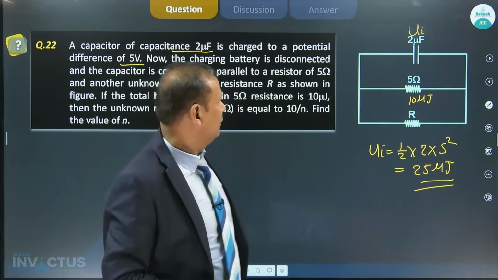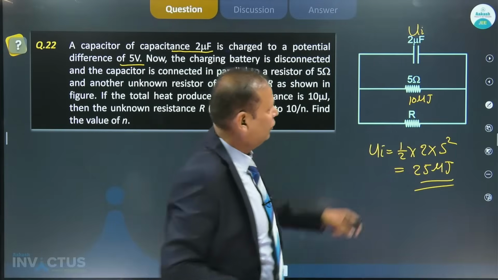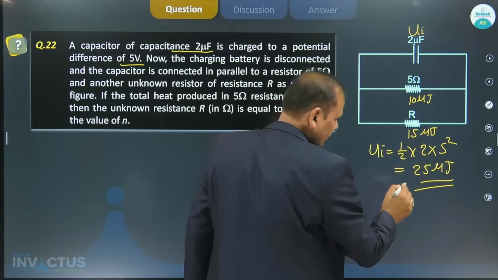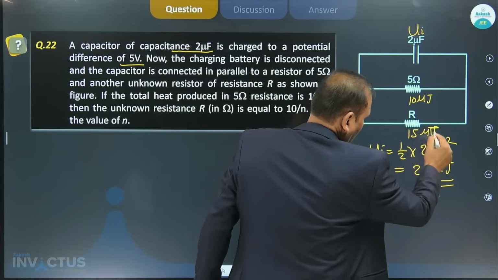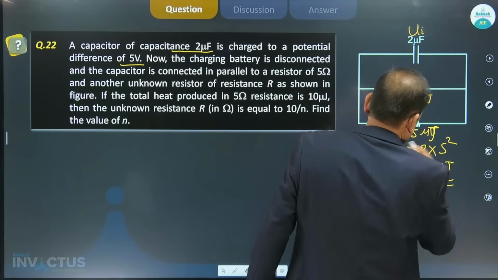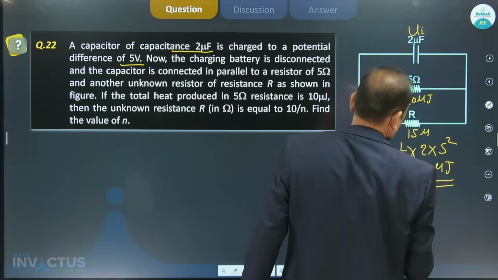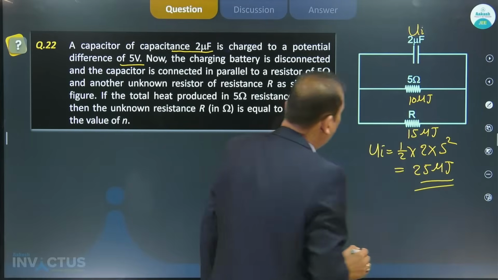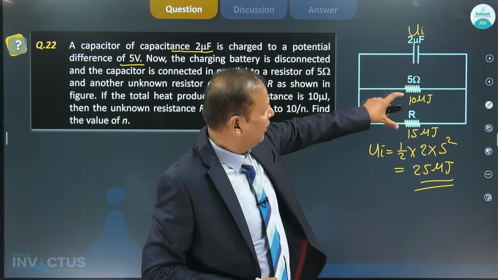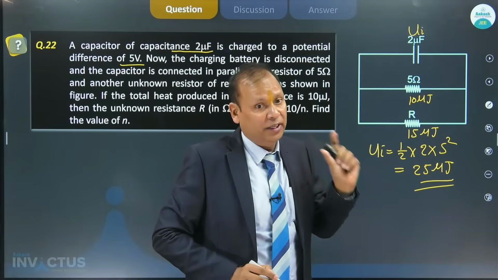Total energy to be lost is 25 microjoule. Here 10 microjoule is in the 5 ohm, so certainly here it is 15 microjoule. Now, because these two resistors are in parallel, the potential difference across them will always be the same.